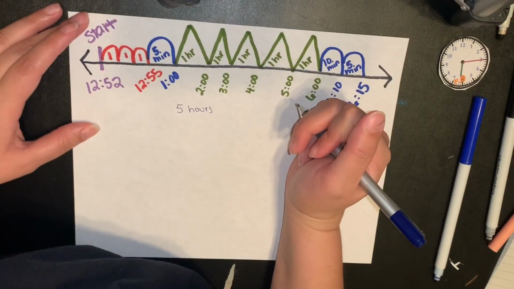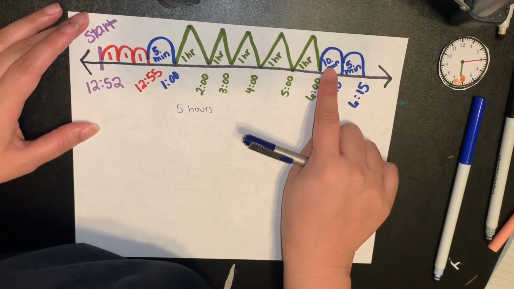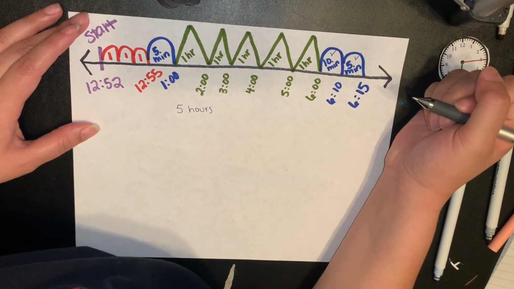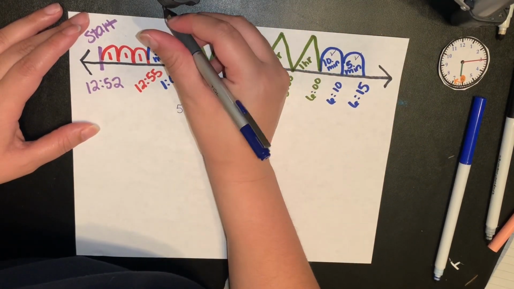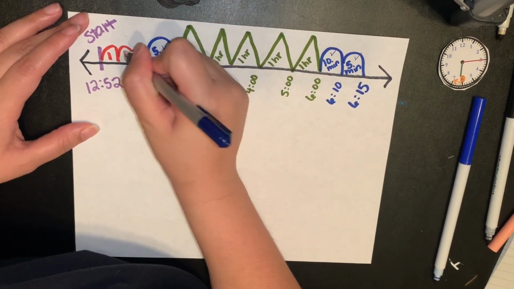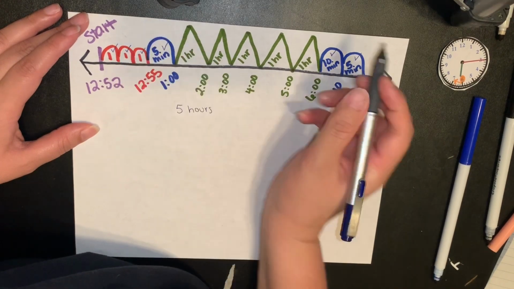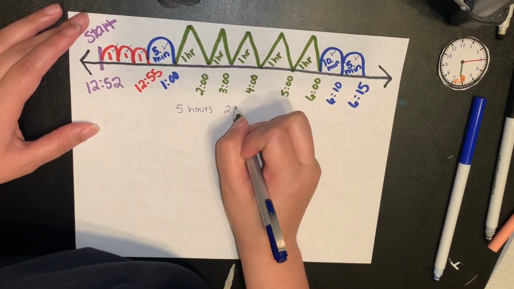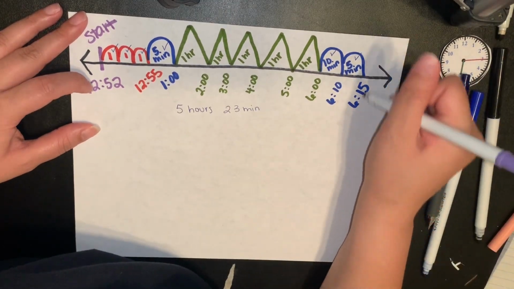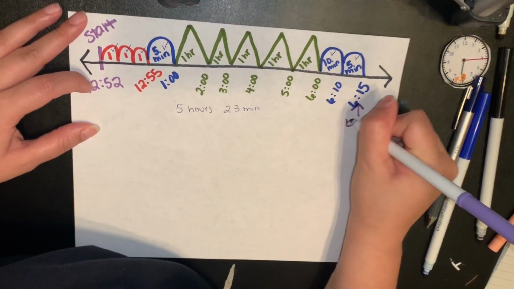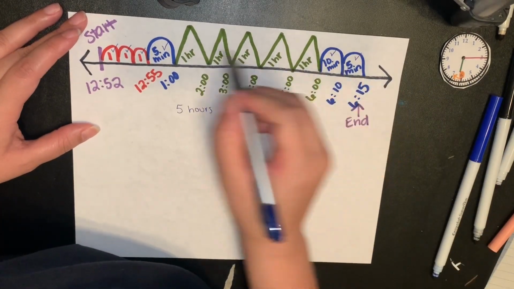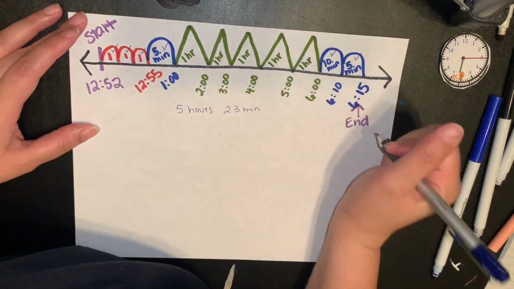Then I add up the minutes. 10 plus 5 is 15, plus 5 is 20, 21, 22, 23. 5 hours and 23 minutes has elapsed from the start to the end. If you notice, I checked off the minutes to make sure that I counted each one of these.